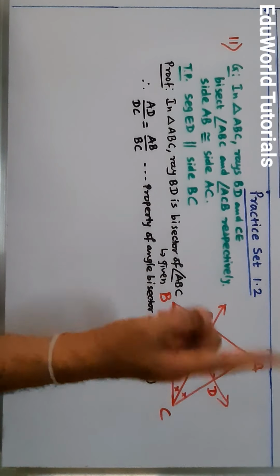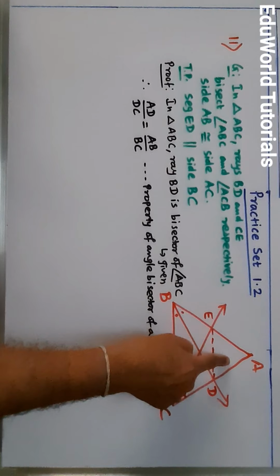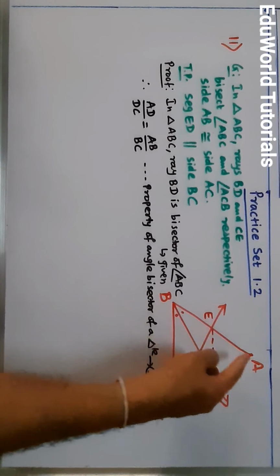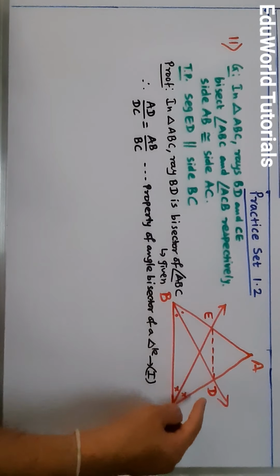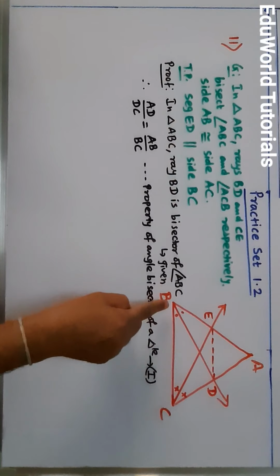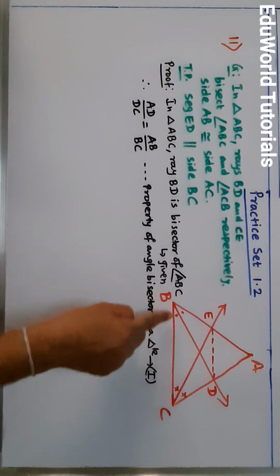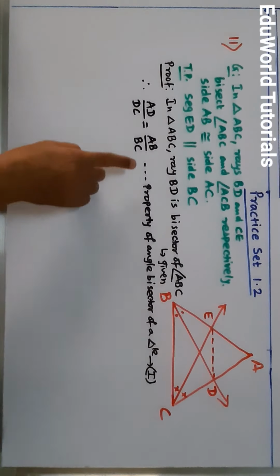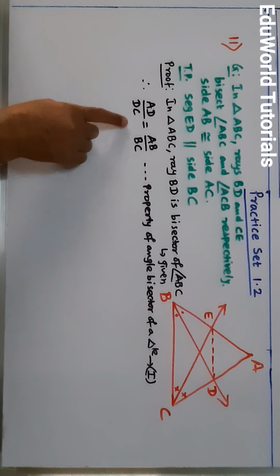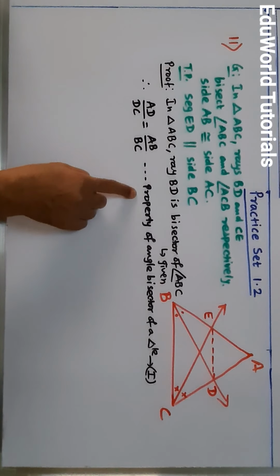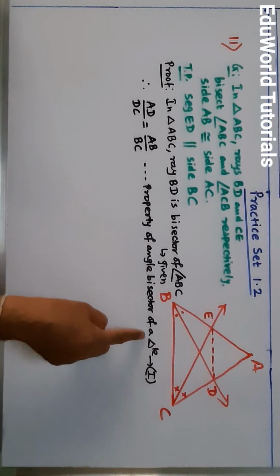And I have told you earlier also that with part AD, the corresponding side of the triangle is side AB, and with part DC, the corresponding side of the triangle is side BC. We have to be very careful while writing such ratios. Reason: property of angle bisector of a triangle.